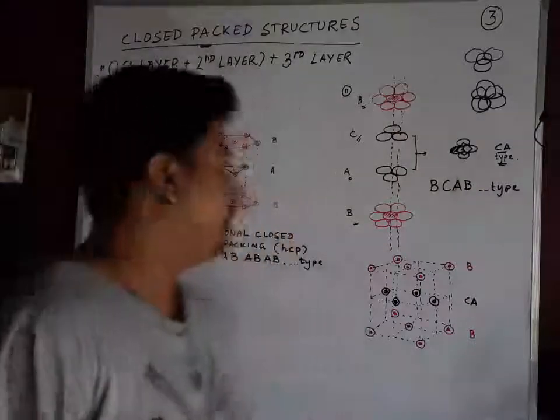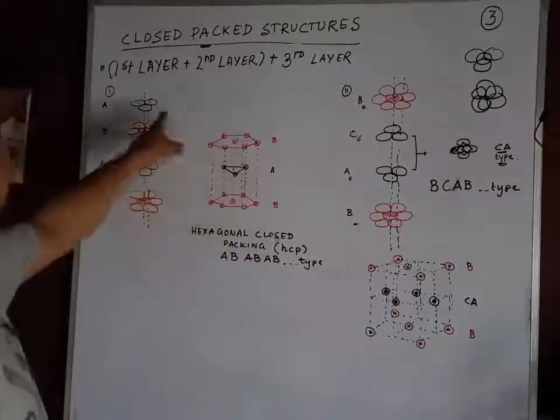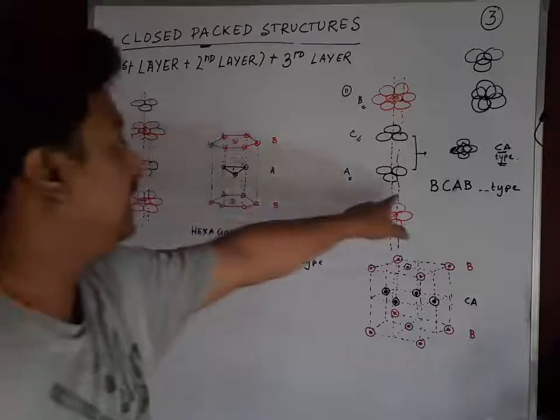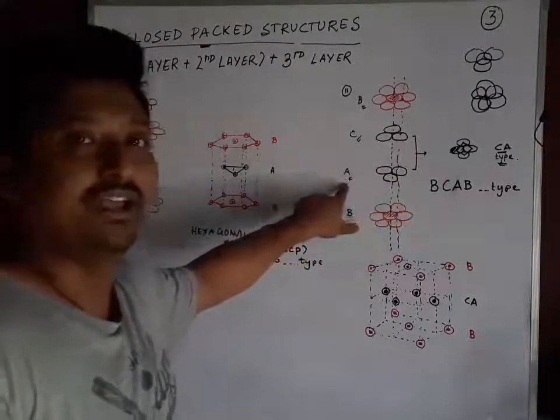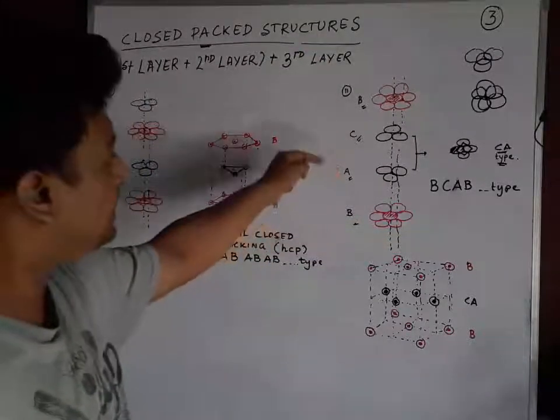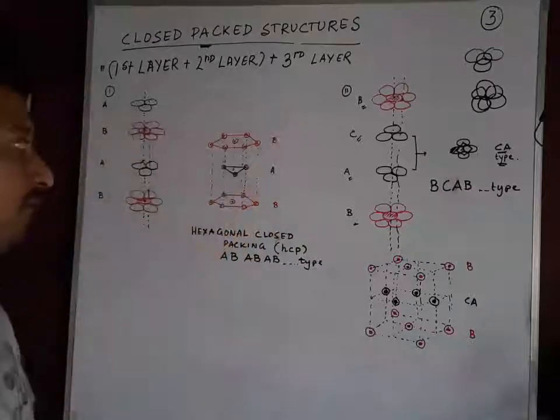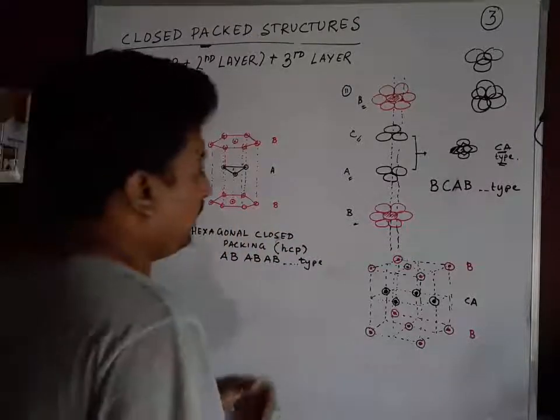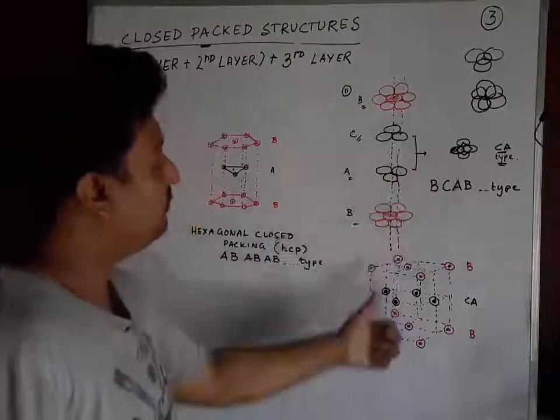Okay, very careful. Since I am designating the hexagonal unit as B and the tetragonal unit as A, I am writing it as a BCAB type lattice. Now if I combine this, what will I get?